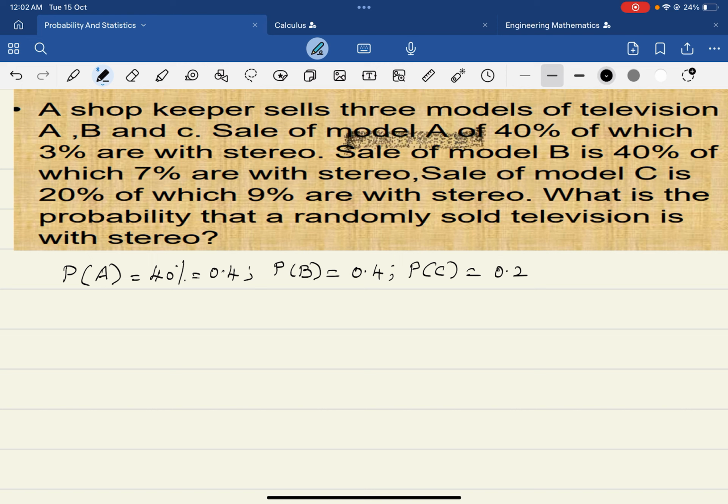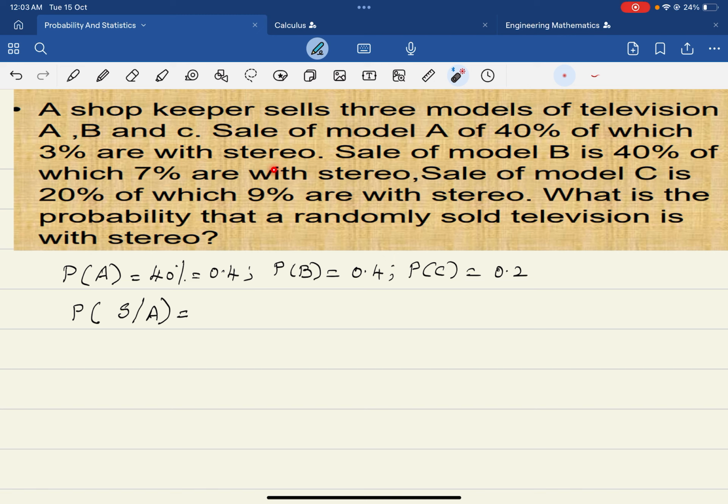Now coming to the point here. Sale of model A is 40%, of which 3% are with stereo. What do you mean by that? It is the stereo, given that it is from model A. What is given?